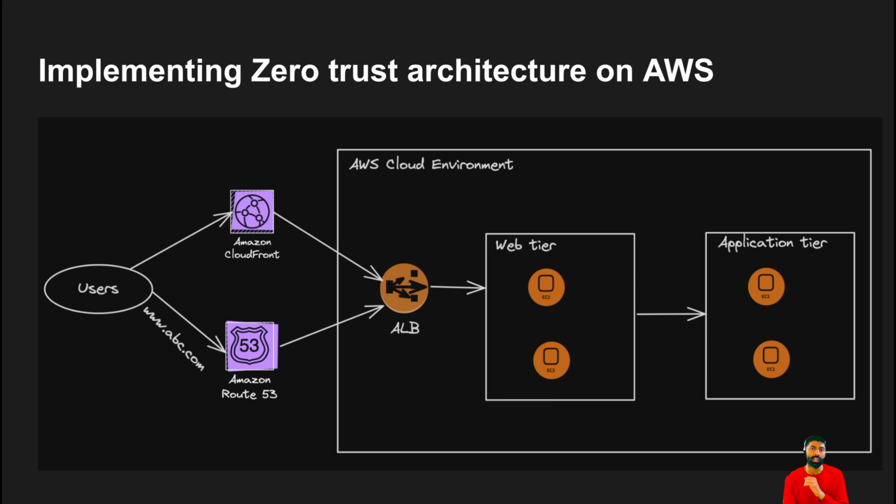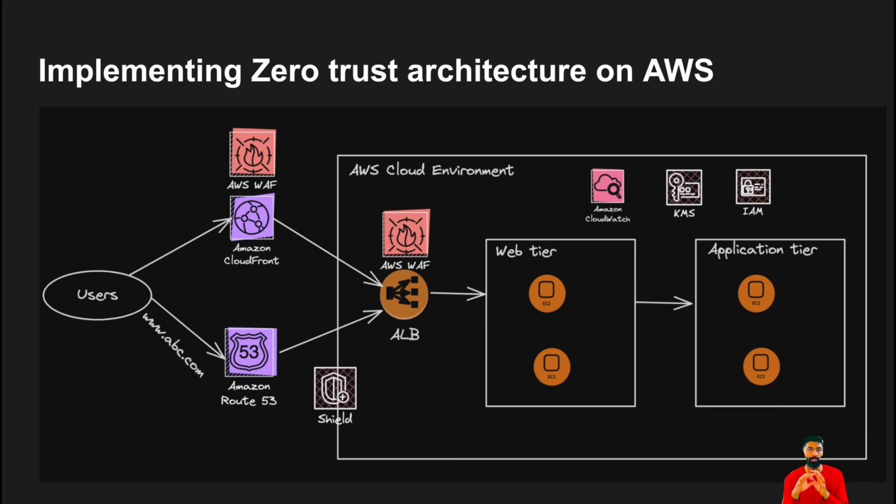Now let's understand how you can implement Zero Trust within the same web application architecture by using the AWS services. So the first up is AWS WAF or Web Application Firewall, which provides layer 7 security at the edge. That means it can provide the security at the Amazon CloudFront level.